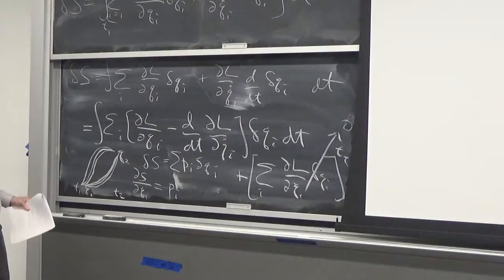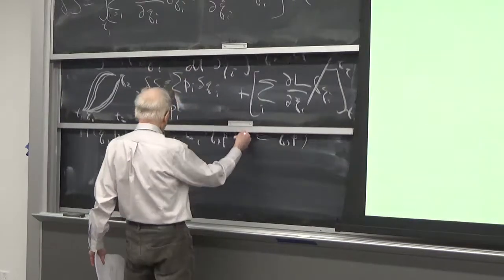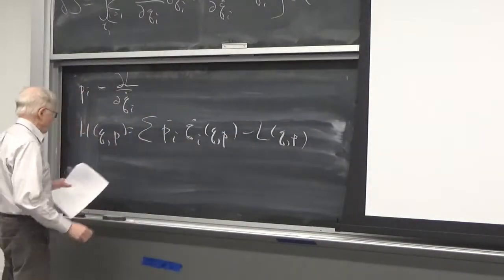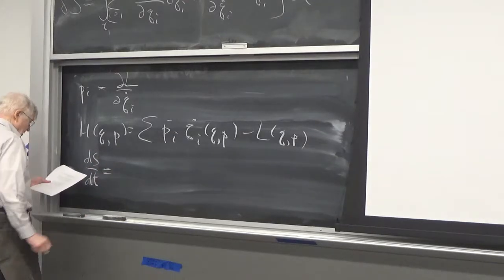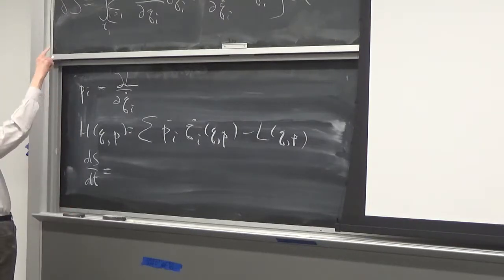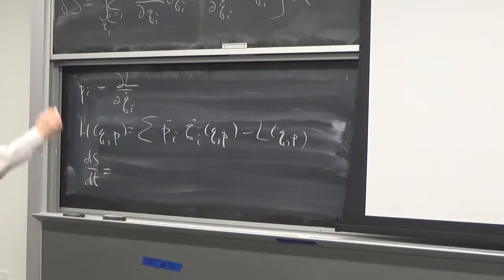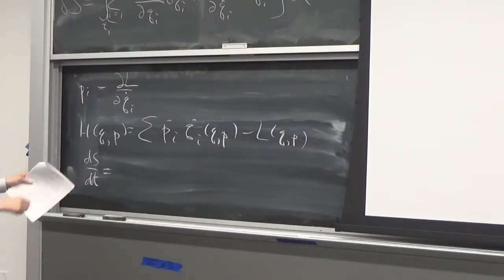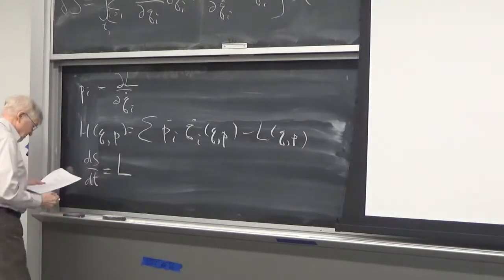And we can also compute the total time derivative of the action. Since we're just varying the action, let us say, at time t2, we're varying things at t2 now, whereas previously we kept everything constant at t1 and t2. So d by dt is just L at t2.